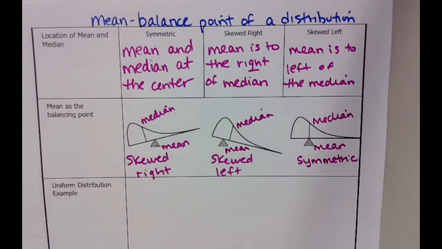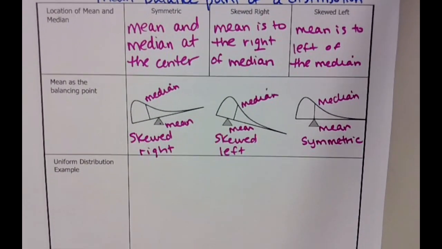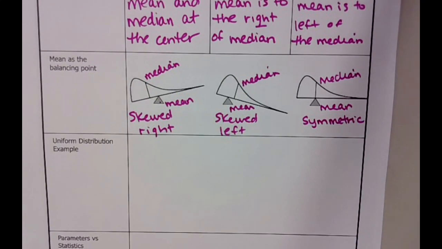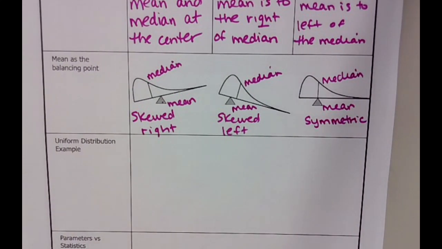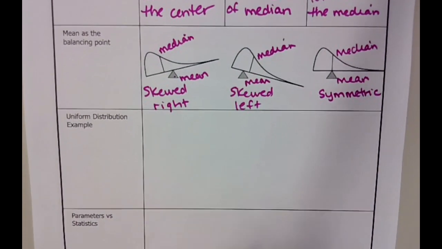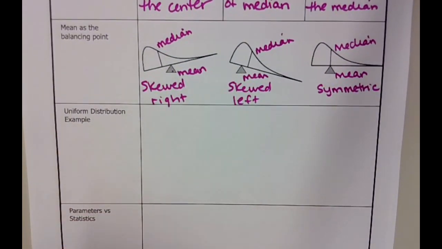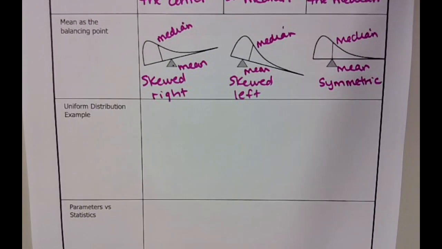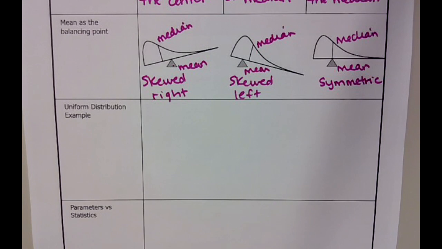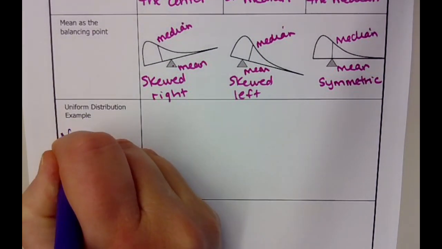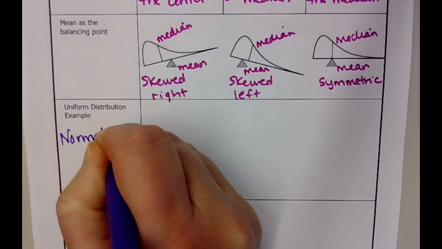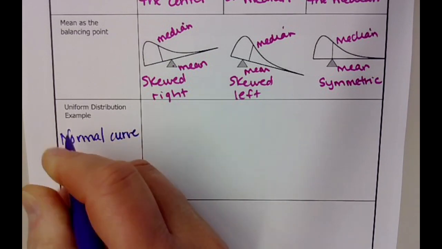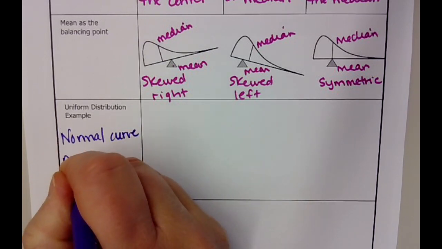Okay, now we have something in statistics which is called a normal curve, or a normal distribution. I'm going to zoom in a little bit. There we go.